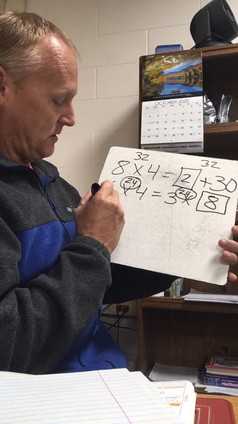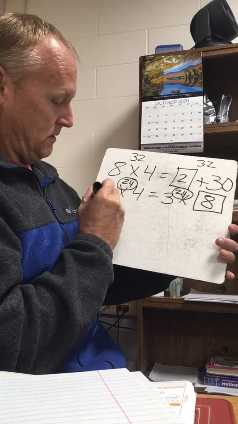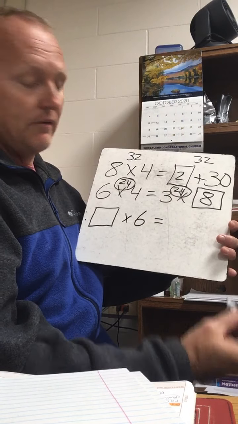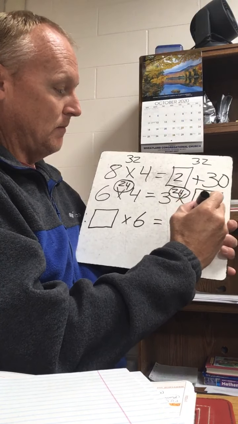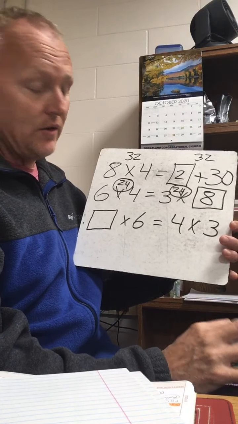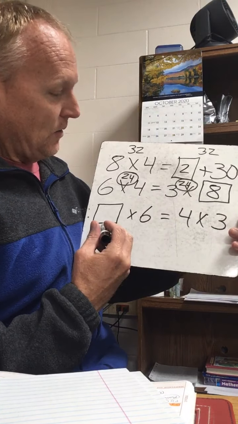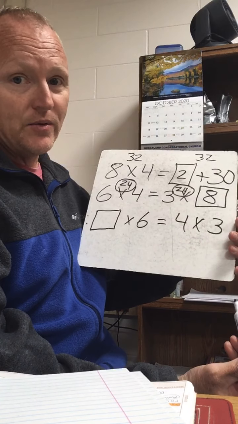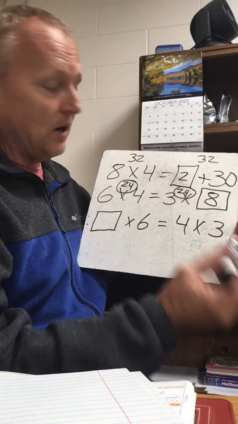Blank times 6 equals 4 times 3. And don't forget to pause if you want to just do this on your own. Okay, so over here we've got everything that we need. 4 times 3. We just did that.